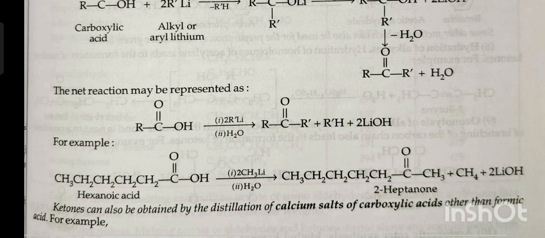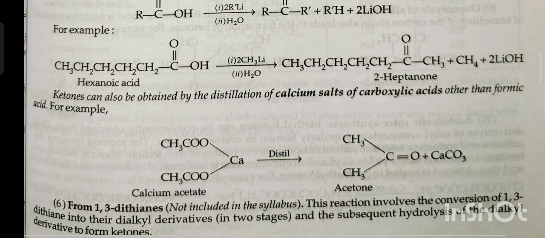For example, hexanoic acid in the presence of CH3Li and water gives 2-heptanone. Ketones can also be obtained by distillation of calcium salt of carboxylic acid other than formic acid. For example, calcium acetate is distilled into acetone.